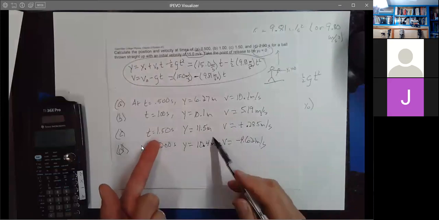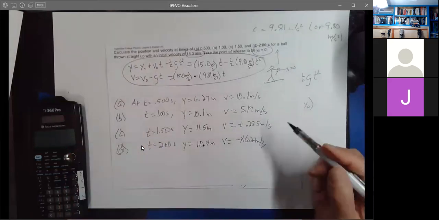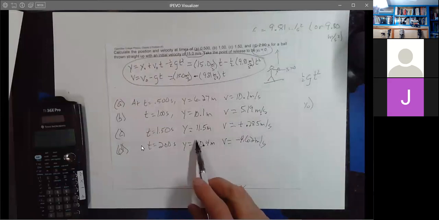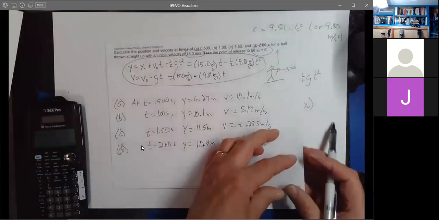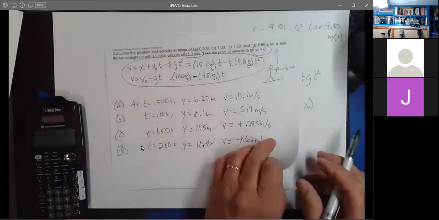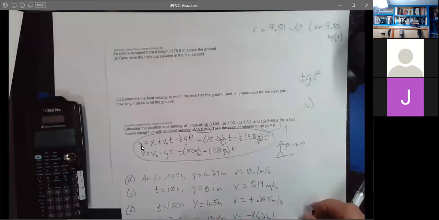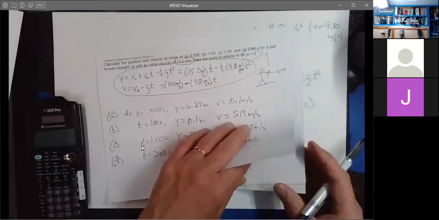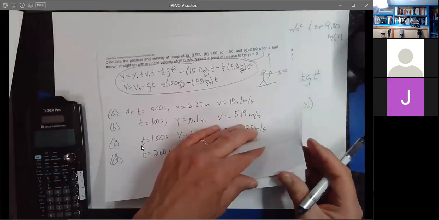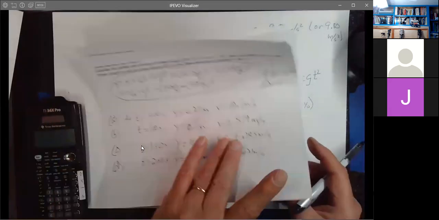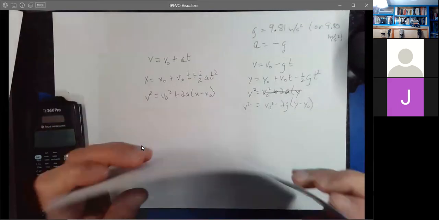And so from what I've figured out, I don't know exactly when its maximum height was reached, but I can figure that out. I don't know if we're asked to do that on this problem. We're just supposed to figure these things out. But I don't know if any of the examples I'm doing have you figure that out. I'll do it.